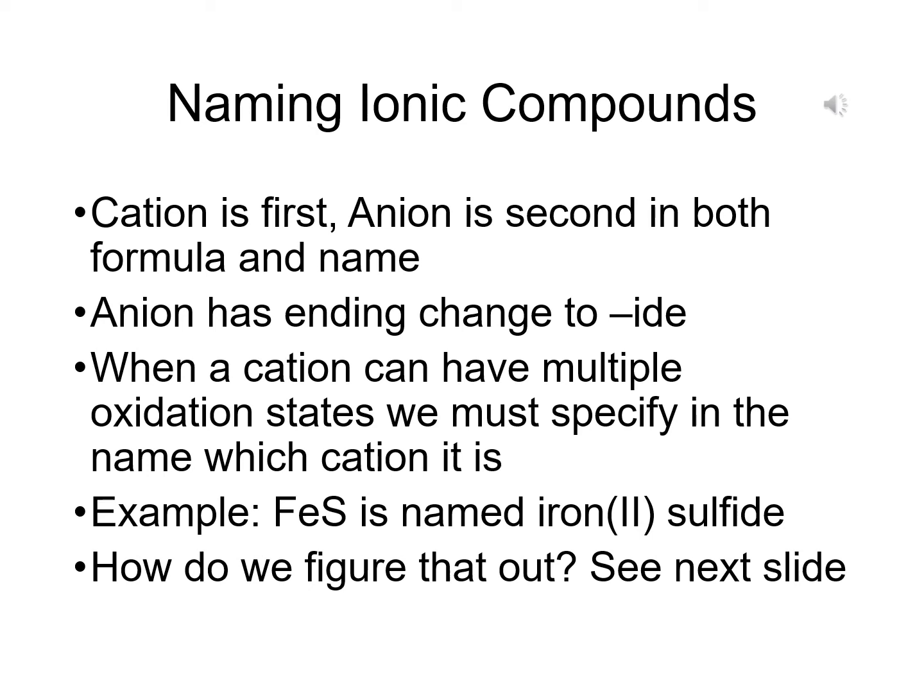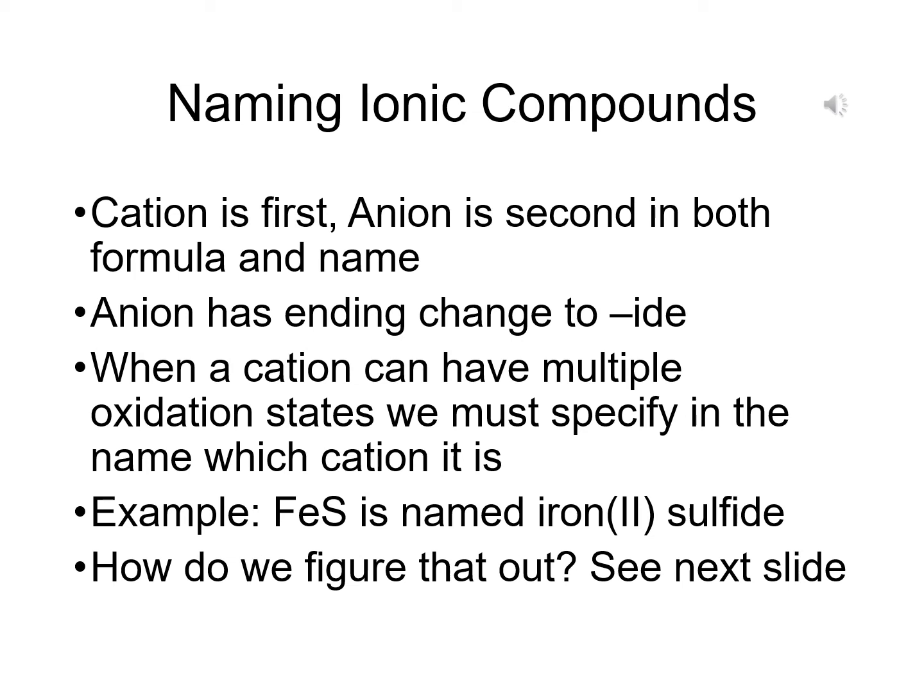Now, when a cation can have multiple oxidation states, we have to specify in the name which cation we are using. So for example, iron can have multiple oxidation states. So when we name this compound that has both an iron and a sulfur in it, we would call it iron(II) sulfide to specify that the cation here has a charge of +2.